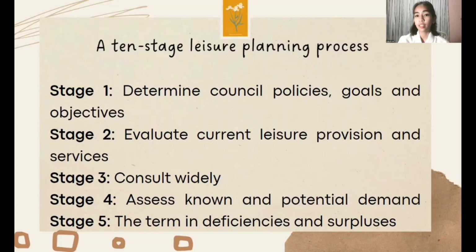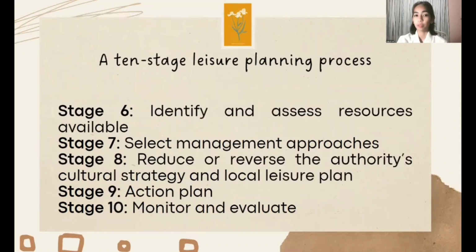This stage analyzes the supply-demand relationship. Comparing the level of potential demand with the actual provision should theoretically produce a list of deficiencies. It would not be realistic for any authority to contemplate redressing all the perceived deficiencies; rather, the deficiencies should be ranked in order of priority.